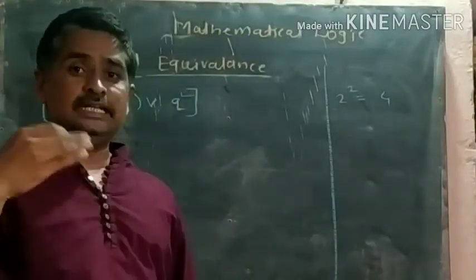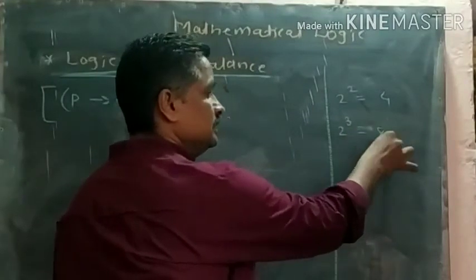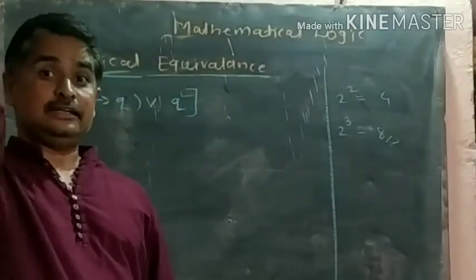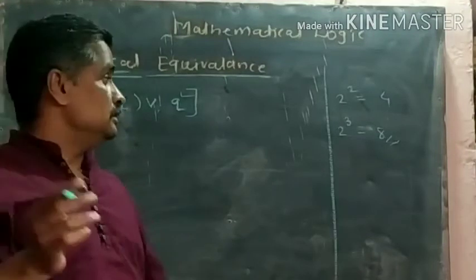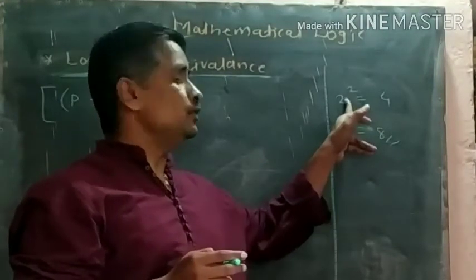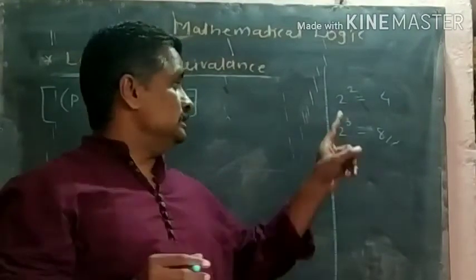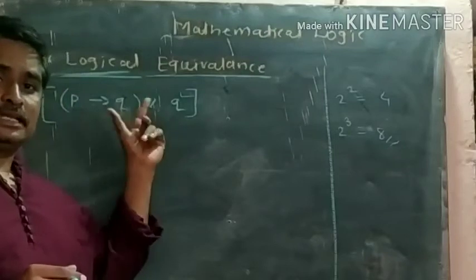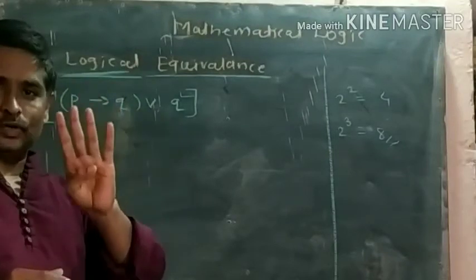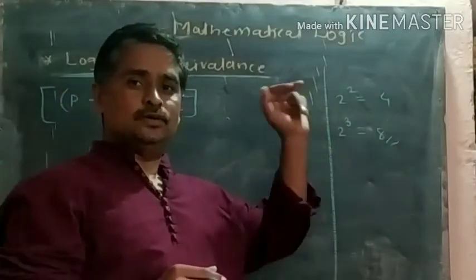If we have 3 statements, then it is 2 raised to 3, that is 8 rows. If we have 2 statements, then 2 raised to 2 is 4. That means this truth table contains 4 rows.